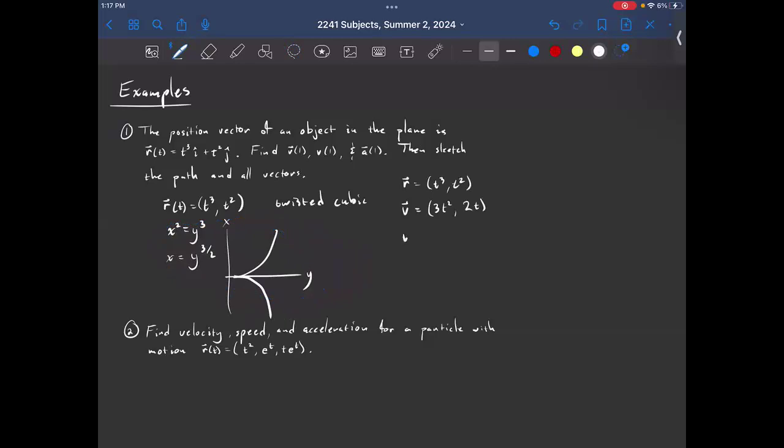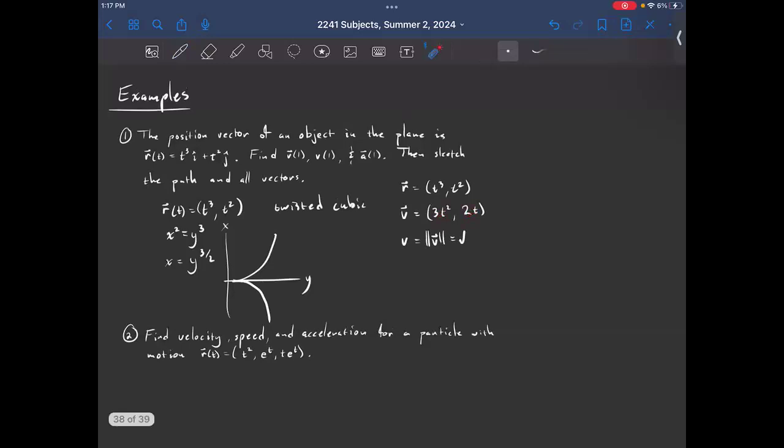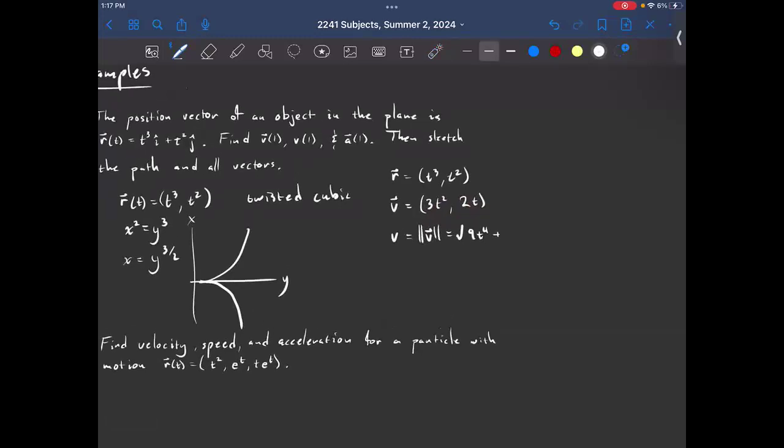Actually, let's compute the speed first. So the speed is going to be the norm of the velocity vector, and that'll be the square root of this squared plus this squared. So 9t to the 4th power plus 4t squared.